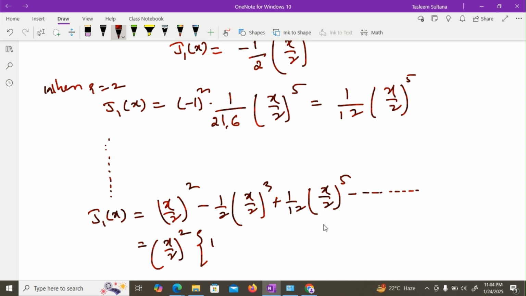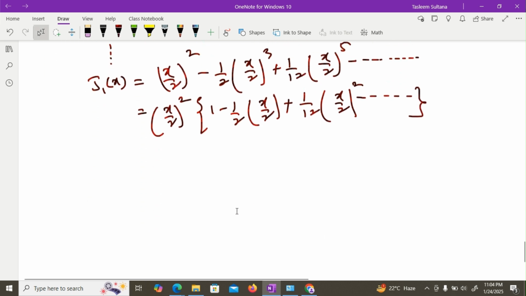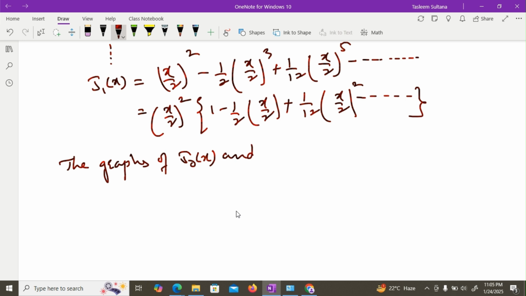Now from this throughout, we can take x by 2 as common: x by 2 times (1 minus 1 by 2 of x by 2 squared, plus 1 by 12 of x by 2 to the power of 4, and so on). The graph can be represented in the form of cos x and sin x.